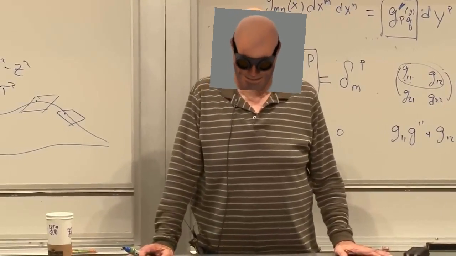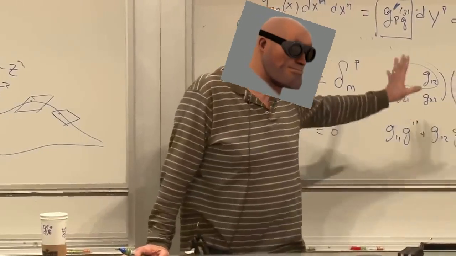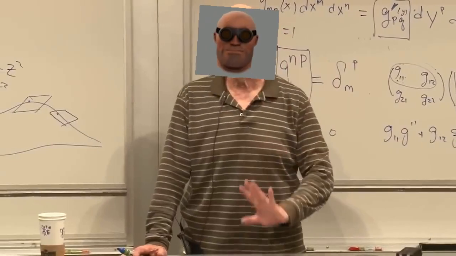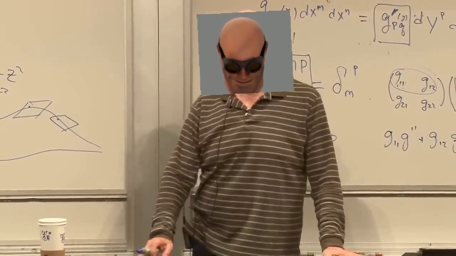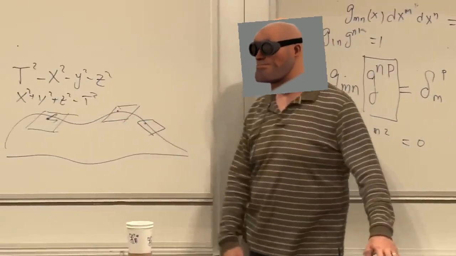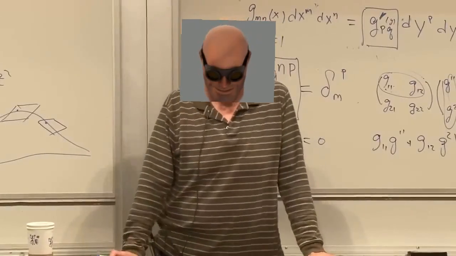Yeah, okay. But at the moment, we're just doing ordinary geometry, and we will come to Lorentz geometry. Lorentz geometry is nothing but throwing in an extra sign, but we'll come to that.